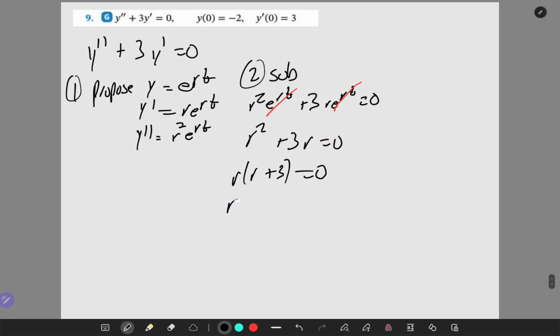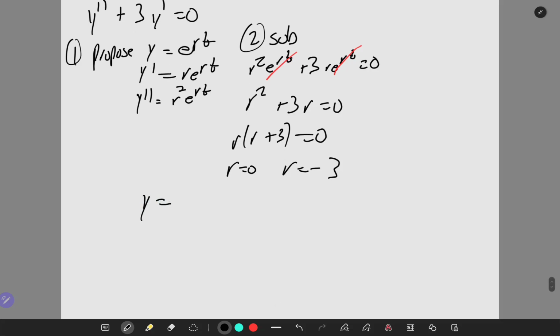So then we're left with r is equal to 0 and r is equal to negative 3. So now y is equal to, if r is 0, e to the 0 is 1, so we just have one constant here plus C2 e to the negative 3t.